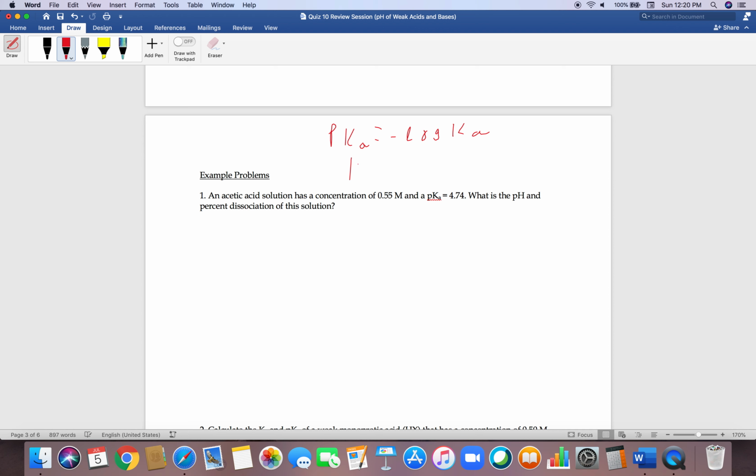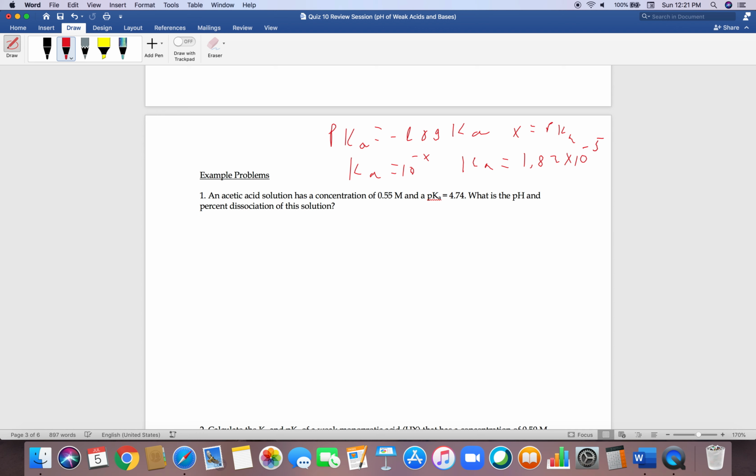So the Ka would equal 10 to the negative x, where x equals the pKa. So the Ka of acetic acid here would equal 1.82 times 10 to the negative fifth.